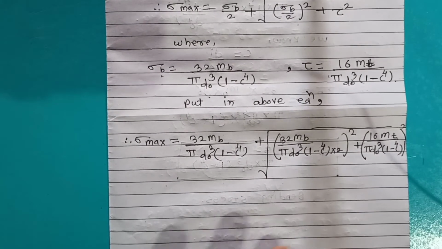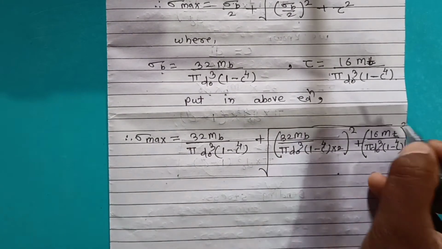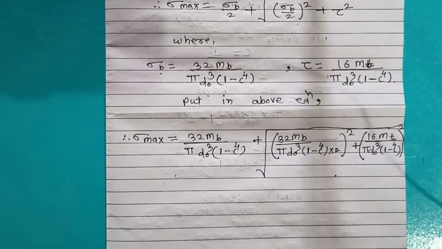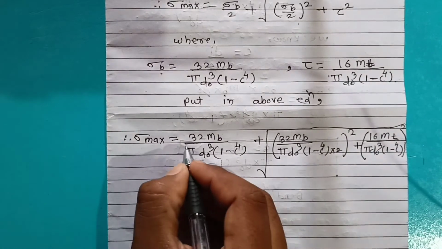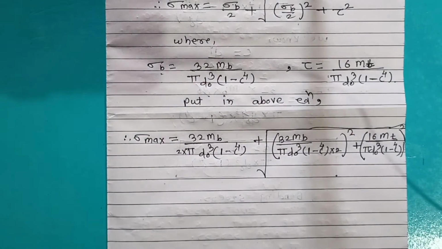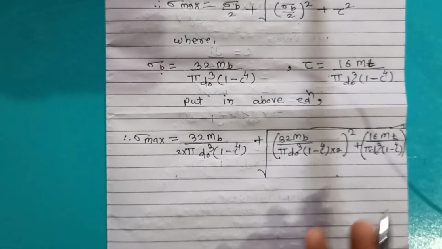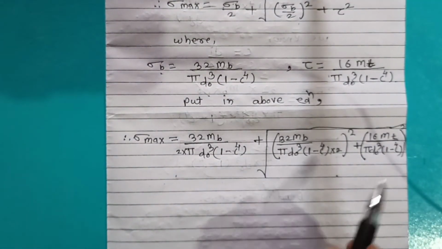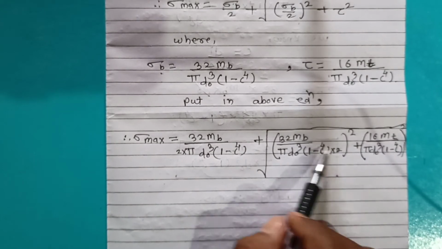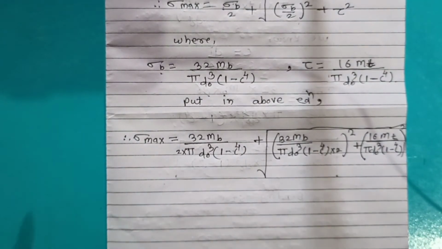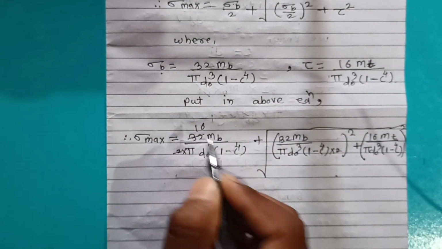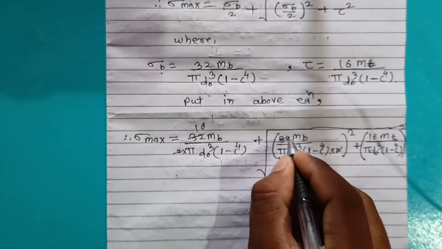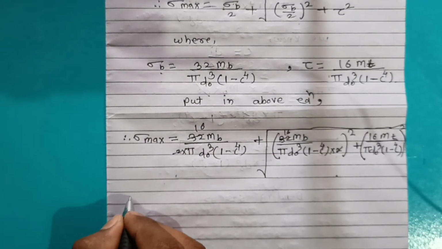Then, to rearrange all the terms, take common terms from these two values. See here, 32 divided by 2 gives 16, and here also 32 divided by 2 gives 16.